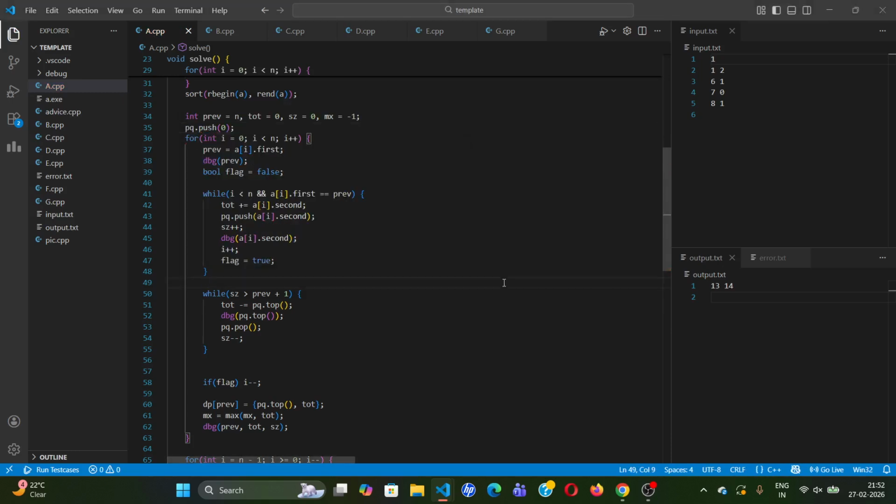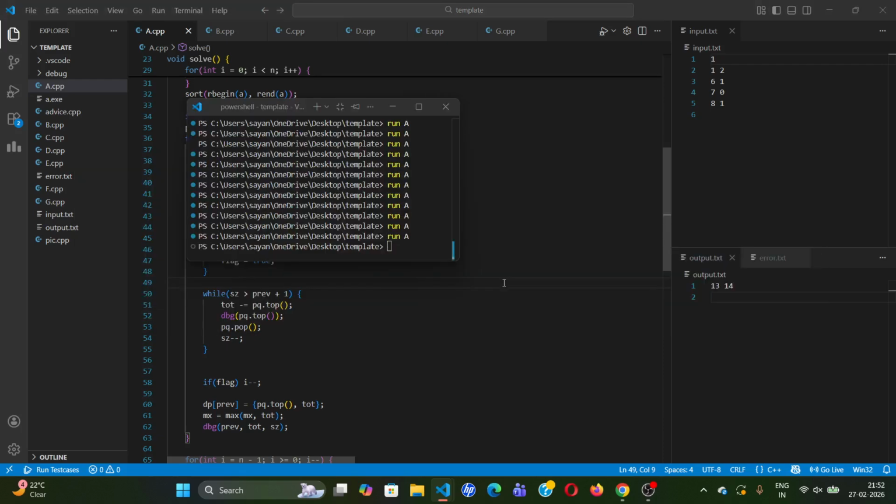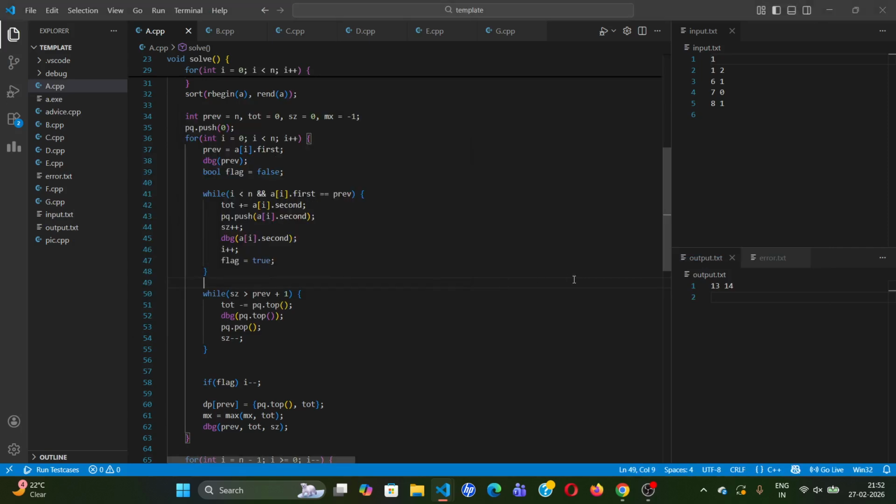If that still happens like 0, 6, then you have to pop that 0. Total minus equals to pq dot top.